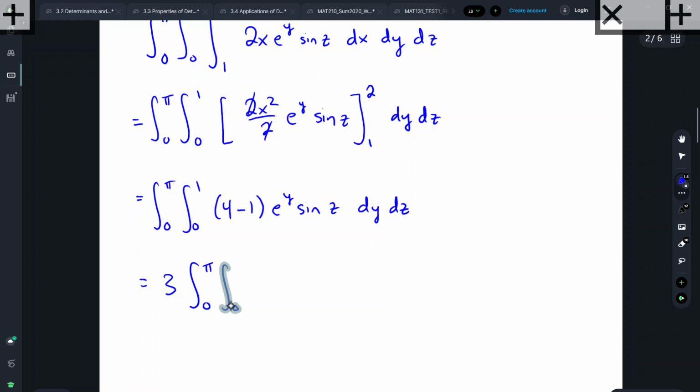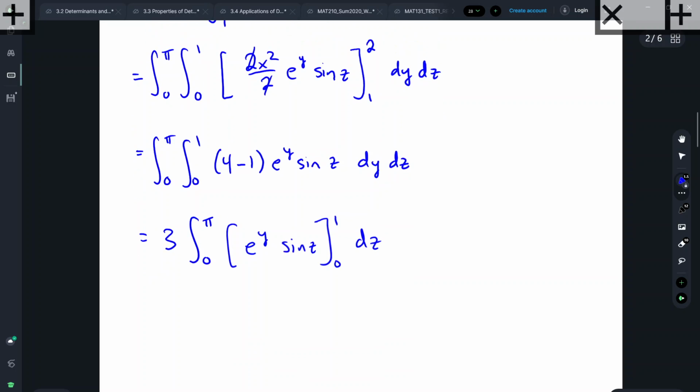Okay, so now I pull the 3 out. So now we take the integral with respect to y. So the antiderivative of e to the y is just e to the y. I'm thinking of z as a constant, so that this stays the same. This is evaluated from 0 to 1. Okay, so what do I have?